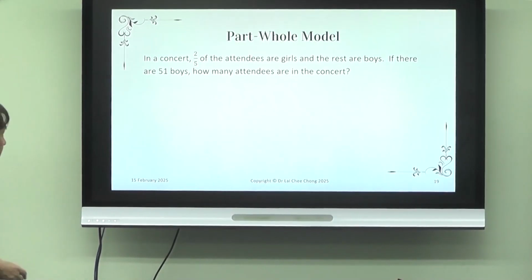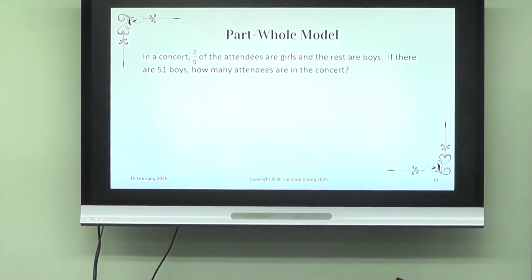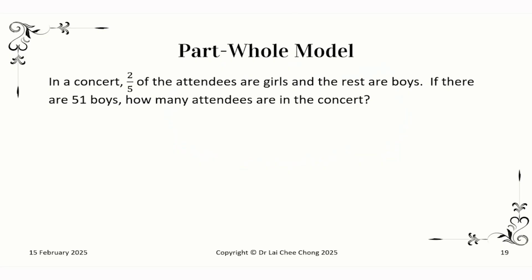Now, look at the problem here now. In a concert, 2/5 of the attendees are girls and the rest are boys. If there are 51 boys, how many attendees are in the concert? You look at this one here. Is it a part whole question?